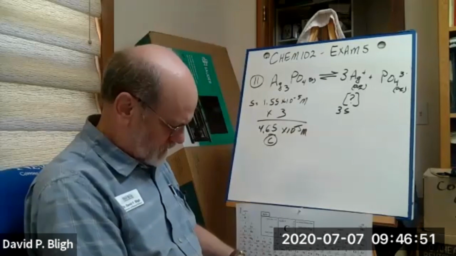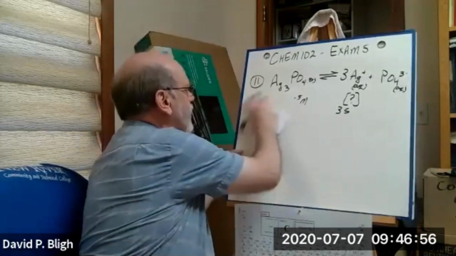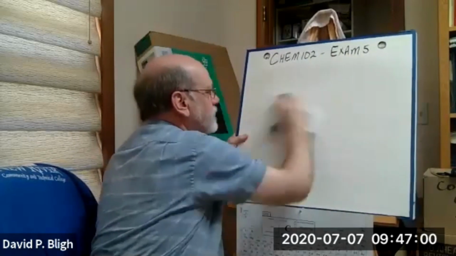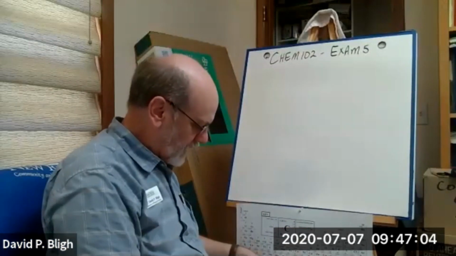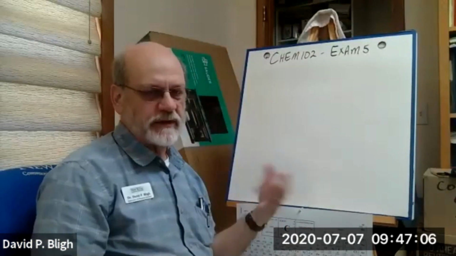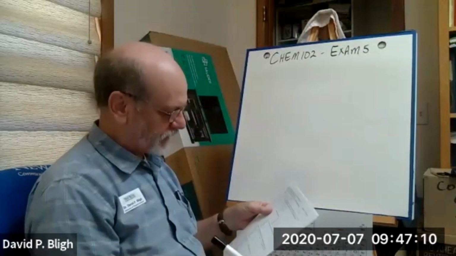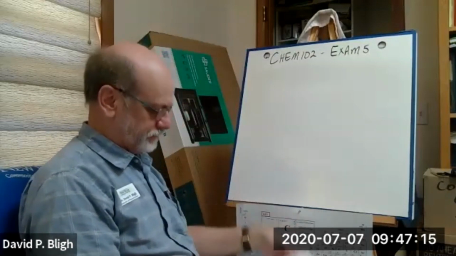All right. So that was 11. Now let's shift gears just a little bit and compare the solubility products of these compounds and find out which is the most soluble.